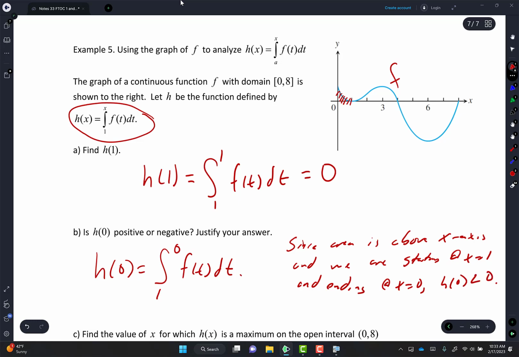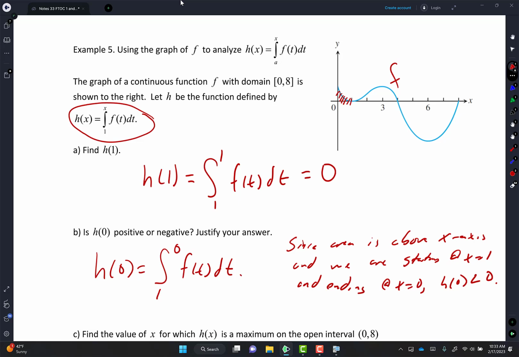I think that's enough justification. Yes, because you're going backwards. You can actually say going backwards, and that should count, but you might have a professor who says, well, what's backwards? So, we start at x equals 1 and end at x equals 0 for your integral, so you're counting backwards, hence h of 0 is negative.